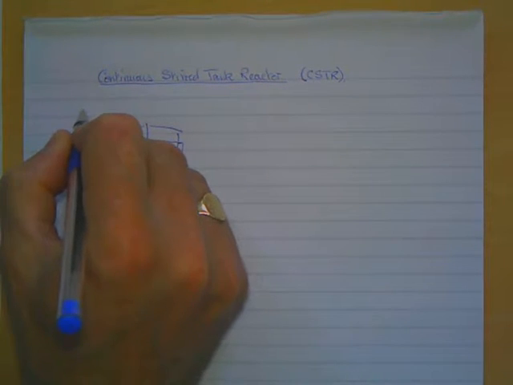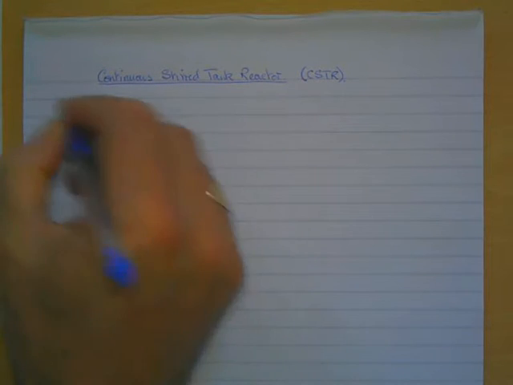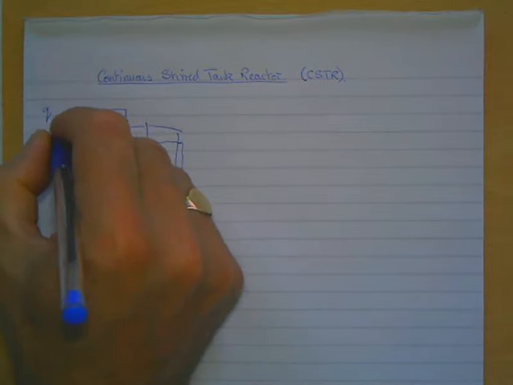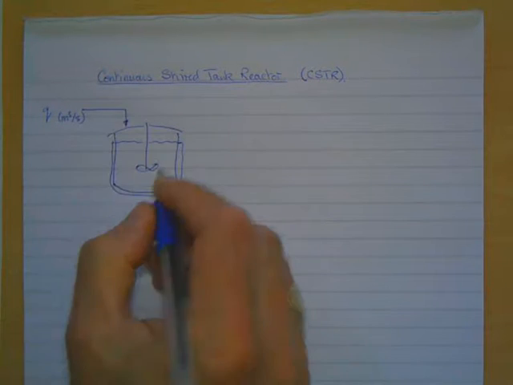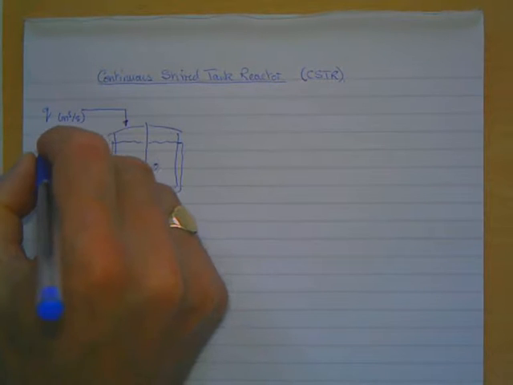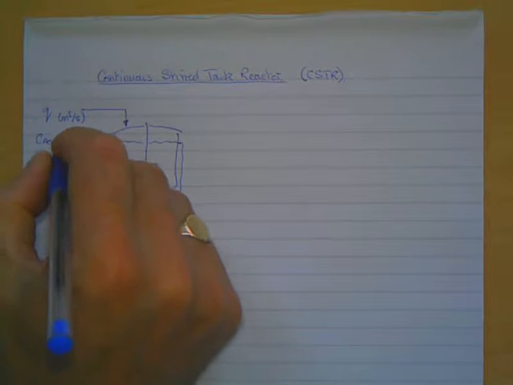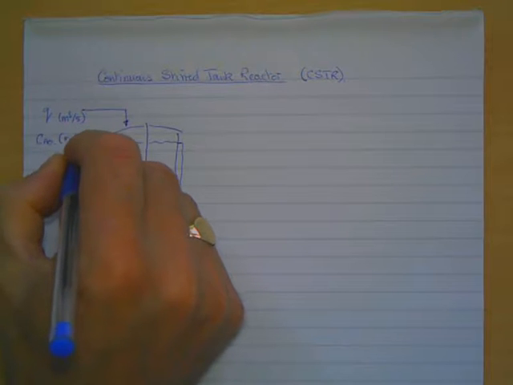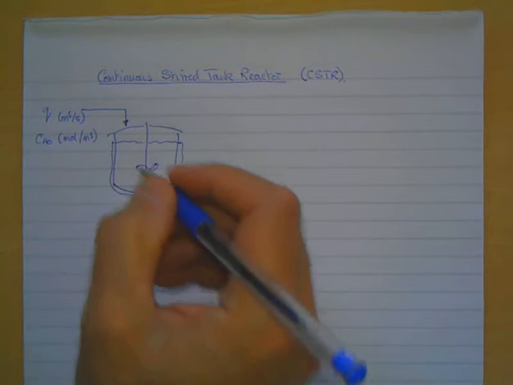and it has a feed, which we're going to say has a flow rate of Q meters cubed per second, and that has a feed component A, which is a starting material whose concentration in the feed is Ca0, and that's expressed in moles per cubic meter.